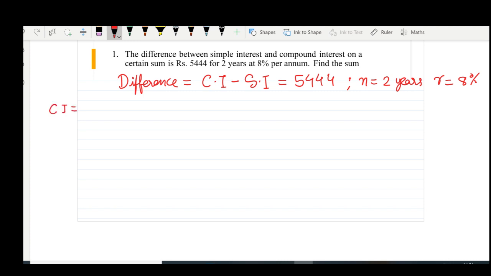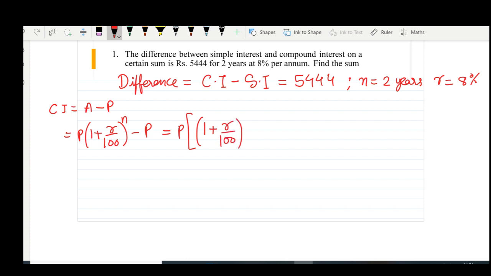So let's find CI. CI is A minus P, and we'll use the formula of amount A, that is P times (1 plus R over 100) to the power n, minus P. We can take P common now, and what will be left is (1 plus R over 100) to the power n, minus 1.